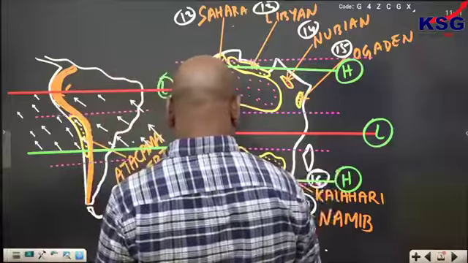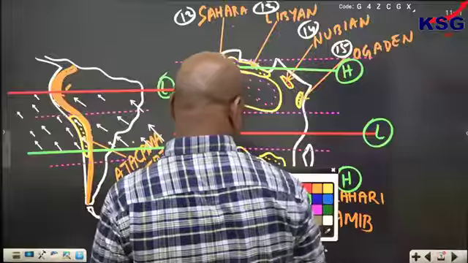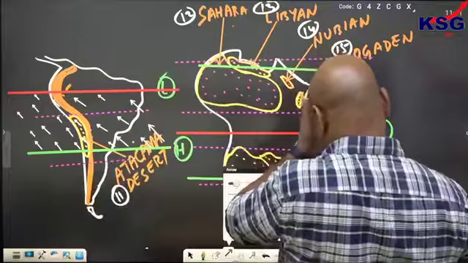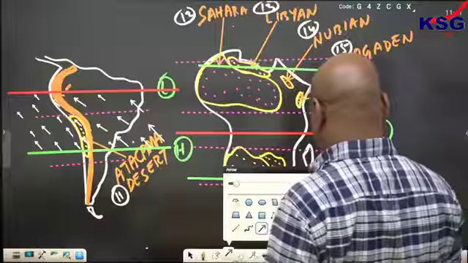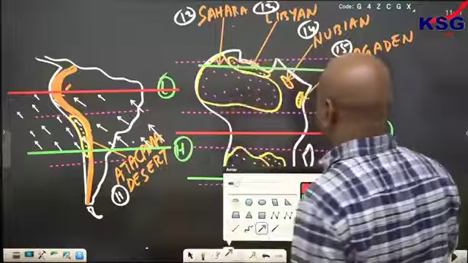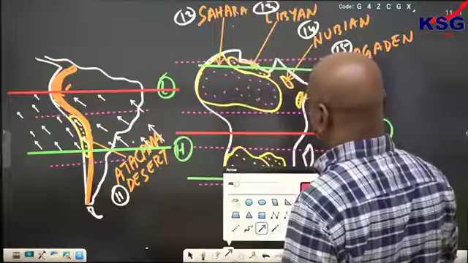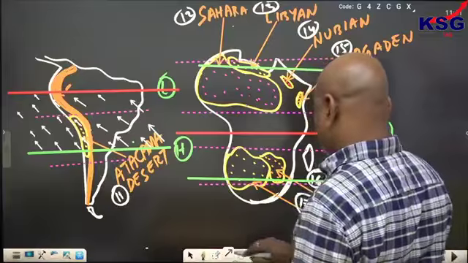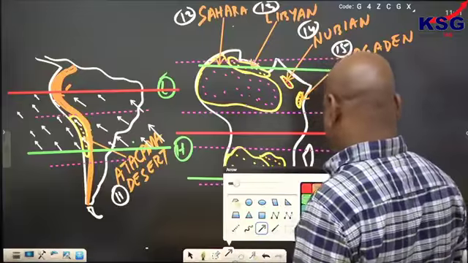How will the wind blow? If I give you the easterly wind belts direction, if you see the easterly wind, let me give a different color here.